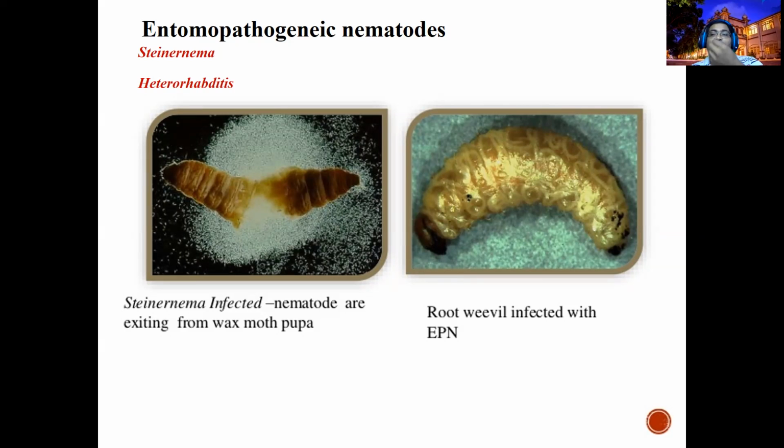Right through natural openings: the mouth, oral cavity, spiracles, the anal opening, and between the sclerites there is some delicate membrane. Through that, the nematode will vomit the bacteria from its gut, Photorhabdus and Xenorhabdus, into the larval or grub hemocoel. This bacteria will multiply and kill the insect.